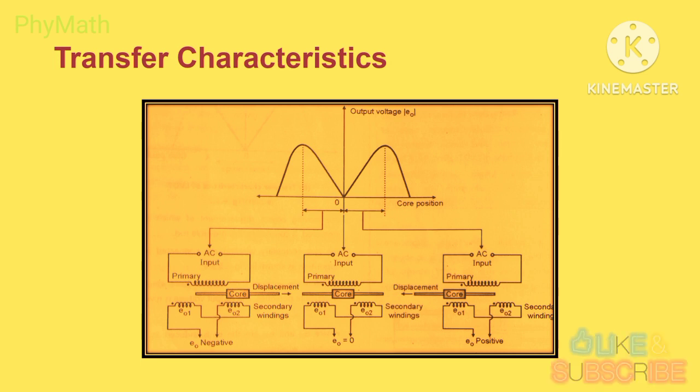As we know, EO equals EO1 minus EO2, so the final output voltage will be positive. Similarly, when the core is at middle, the transfer characteristics indicates the output voltage equals 0. And when the position of the core is at right, the output voltage will be negative.